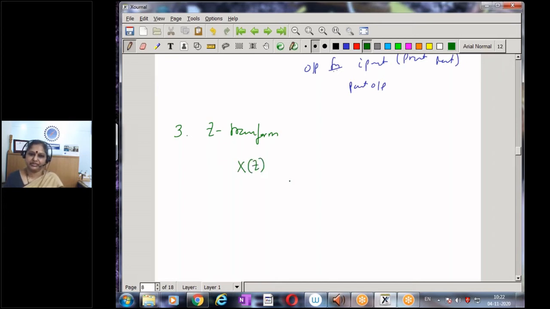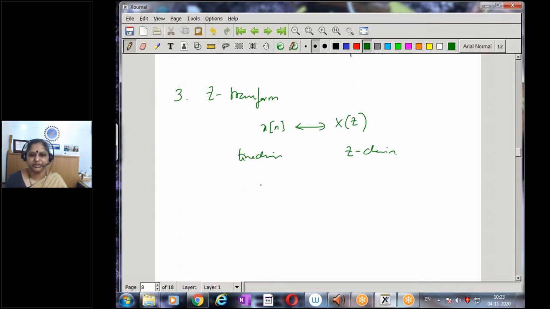Now, before we proceed, let us see what the Z transform is. If we are given a discrete time sequence x of n, we can compute the Z transform X of z, where z is a complex variable, and I can move from the time domain to another domain, the z domain.